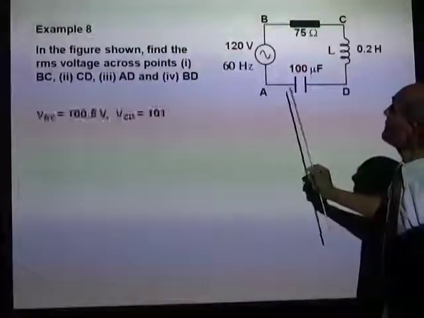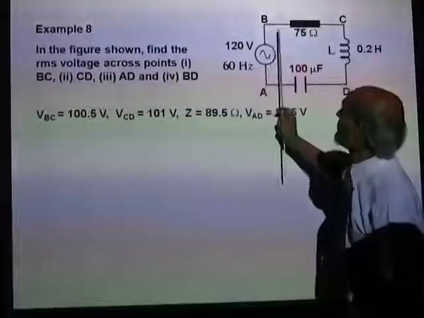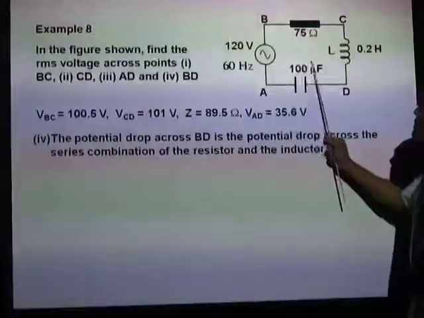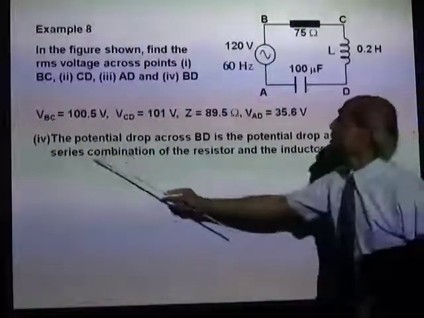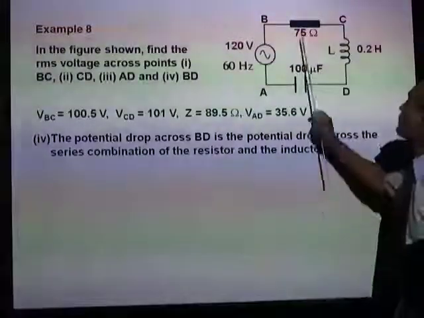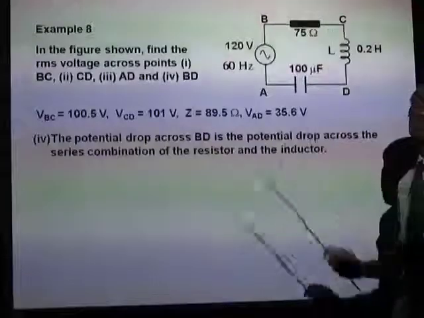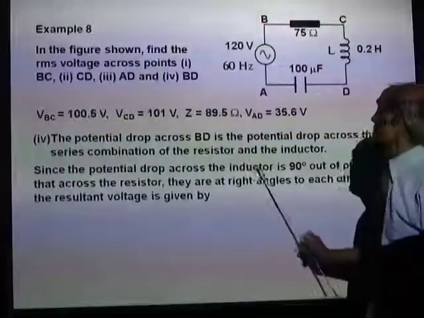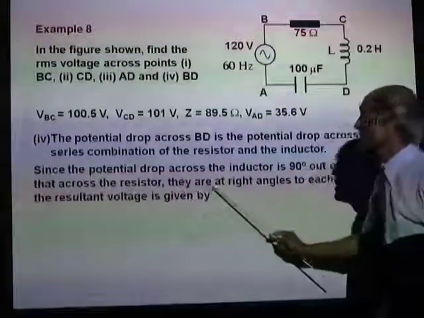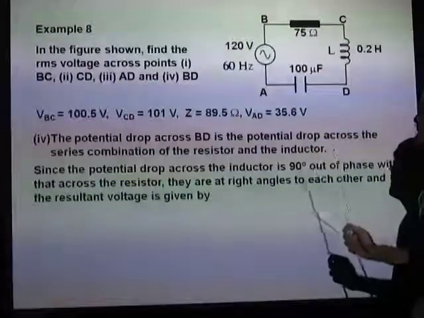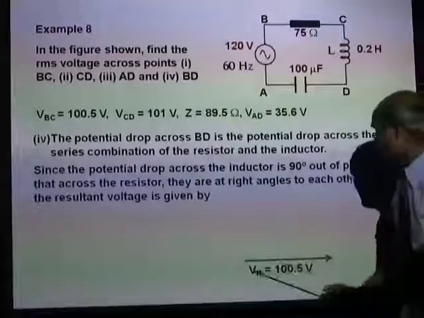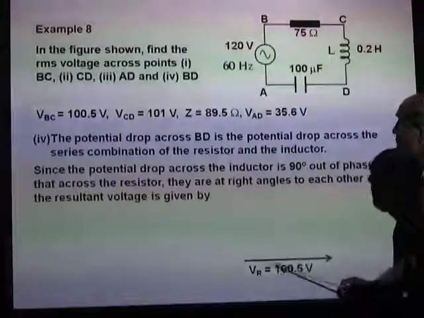And finally, the potential drop across BD. The potential drop across BD is the potential drop across a series combination of the resistor and the inductor. Of course, there you got to calculate the total impedance. Since the potential drop across the inductor is 90 degrees out of phase with across the resistor, they are at right angles to each other, and the resultant voltage therefore is, well, VR is 100.5 volts.